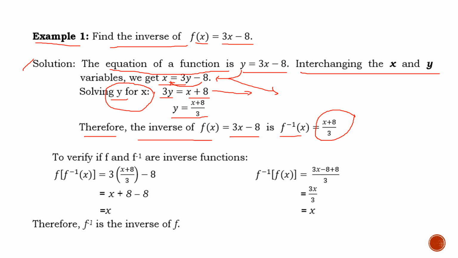Whatever the value of y in terms of x, that will be your inverse function here. For us to verify if f and f raised to negative 1 are inverse functions, we really need to apply the composite function.